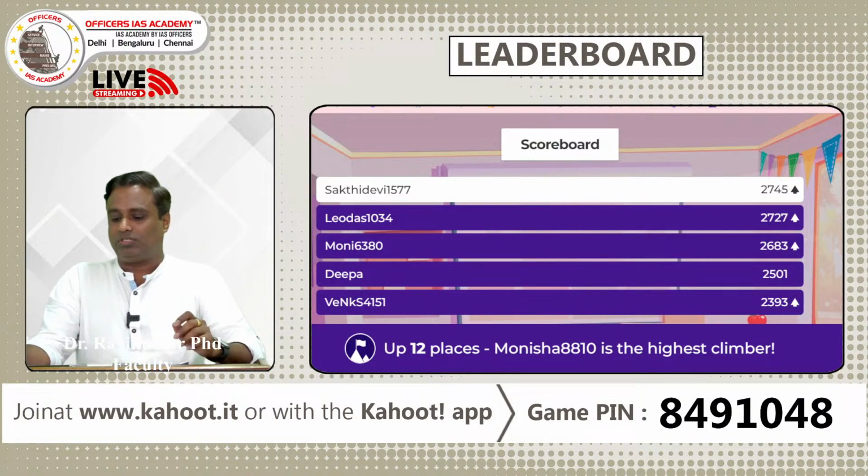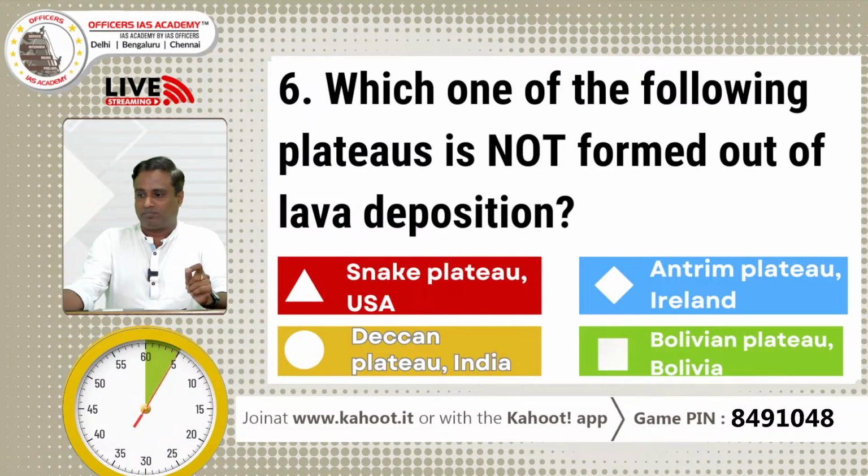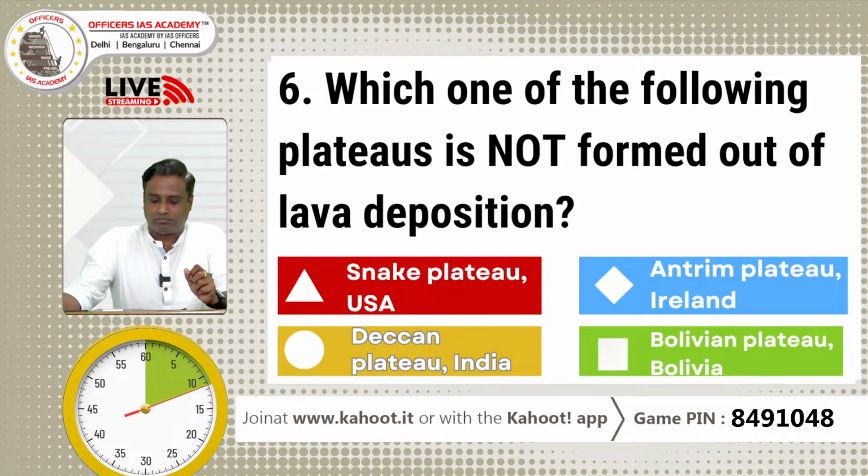Okay, now we move on to question number 6. This is based on the mode of origin of various plateaus, and it is completely based on current affairs. Just look at the question, don't hurry, think and answer it.